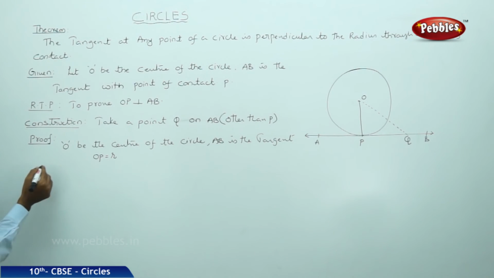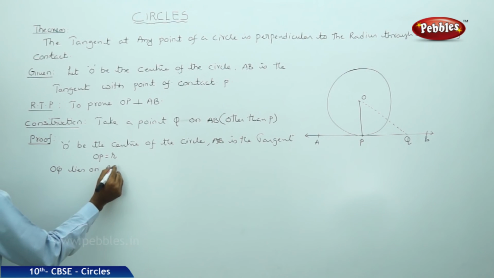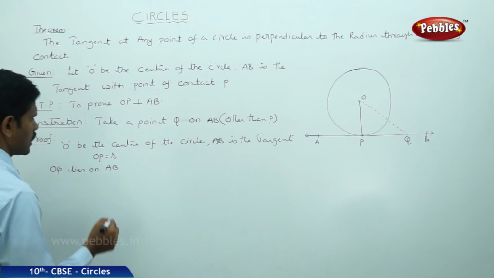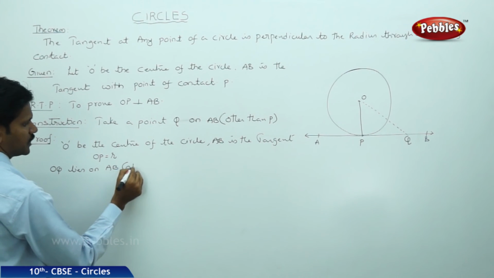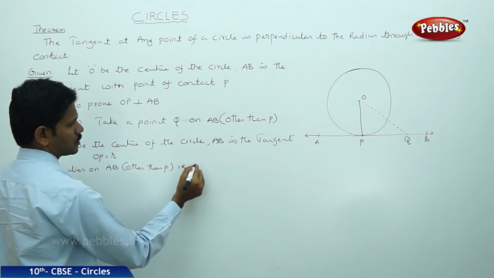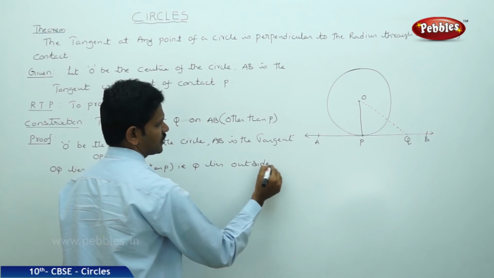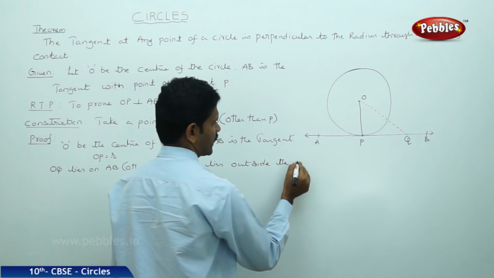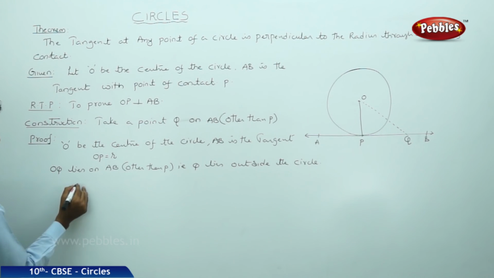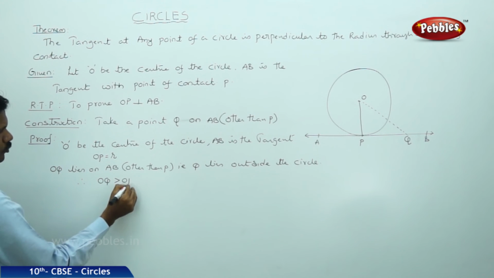Now OQ lies on AB, and it is other than P, that is, Q lies outside the circle. Therefore, what we conclude is OQ is greater than OP.